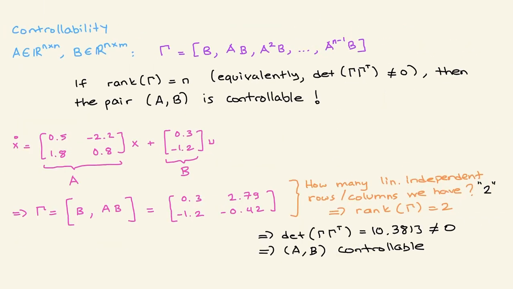All right, so you may ask this question. This is, again, what I mostly use in my daily control systems life. Let's say that for some reason the rank of gamma is not 2 here. Then the system is not controllable, and what you can do with your system will be limited.